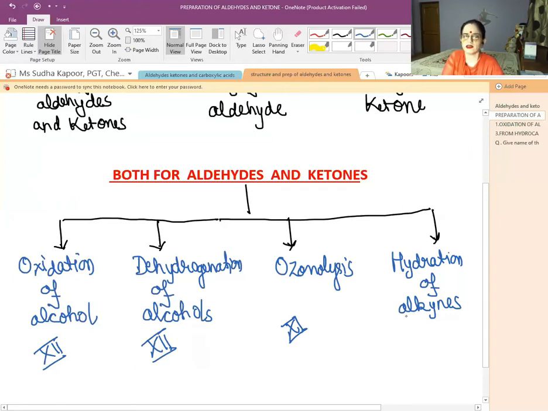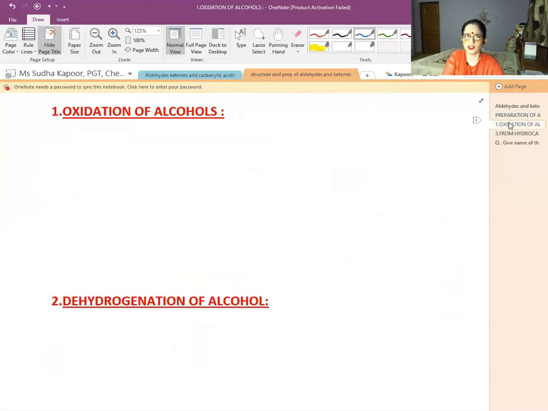So our basic work now starts with the preparation both for aldehydes and ketones. The first one, the oxidation of alcohols. So dear students, the alcohols are categorized into three parts: 1 degree, 2 degree and 3 degree. And different alcohols give different products in the presence of different reagents.